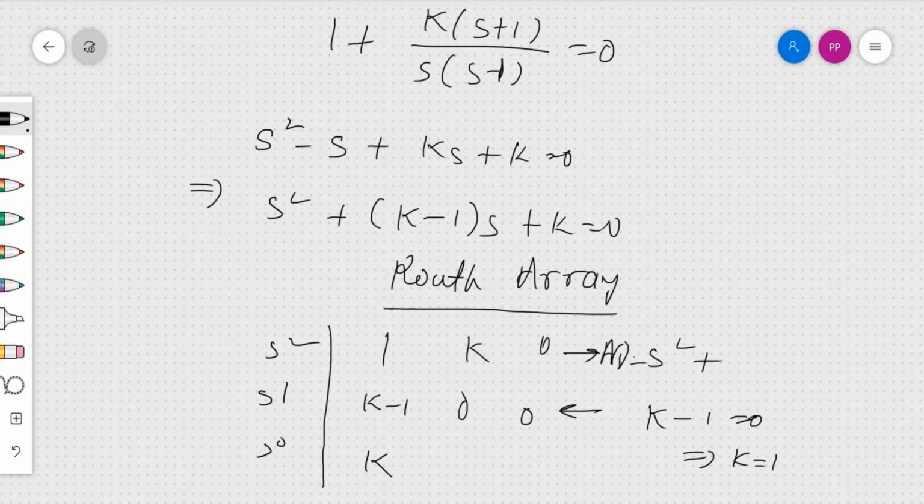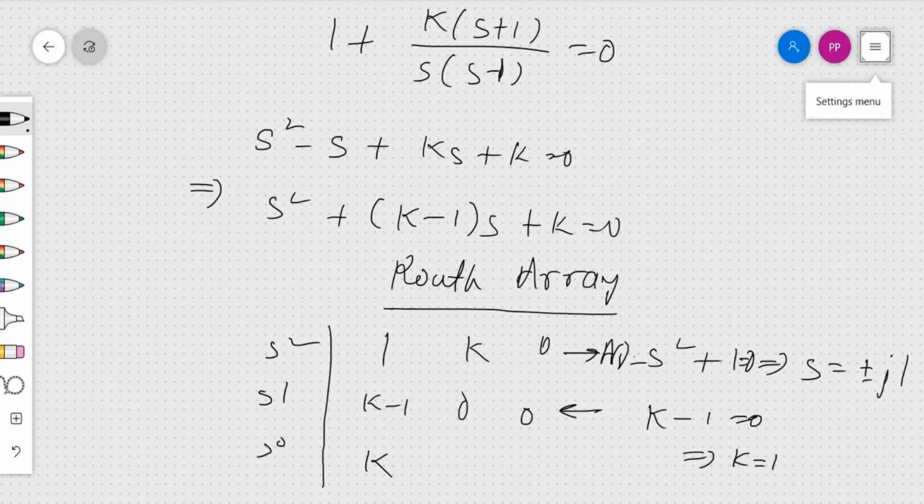So this is s square plus 1, and the roots of the characteristic equation will give us s equal to plus minus j1. So once we solve for it, we can mark it on the root locus.